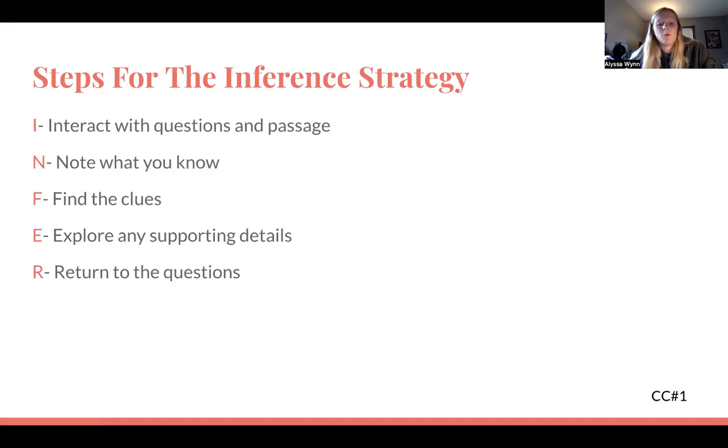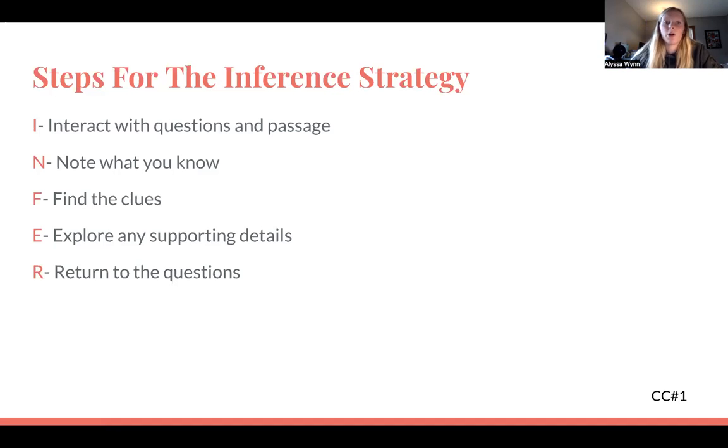For the note step, you will decide what kind of question it is, and you will write a code letter next to the question. And the F is find the clues. For the find the clues step, you will read the passage. As you read, be sure to keep the big picture question in mind.